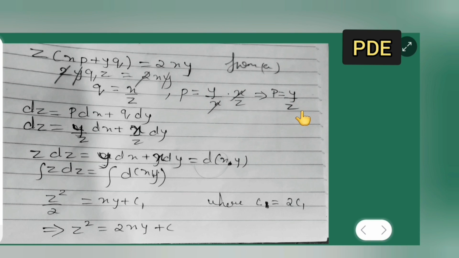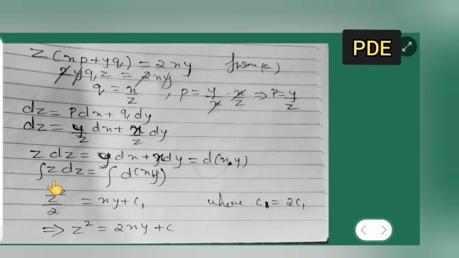Now substitute the values of p and q in this equation, that is dz is equal to p dx plus q dy. dz is equal to y upon z dx plus x upon z dy. Now take this z to the other side, so z dz is equal to y dx plus x dy, which is equal to d of xy. So integrate this.